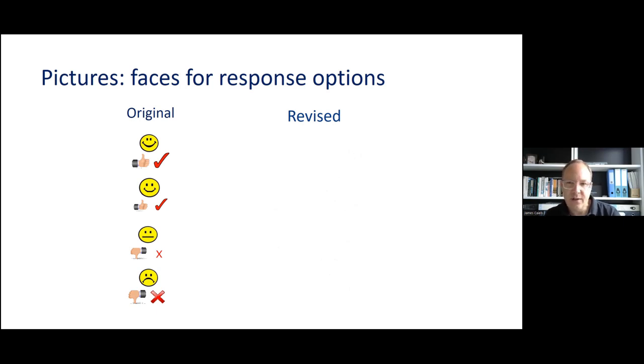It's very busy. People got confused by the ticks and the crosses. Should I tick here? Should I not? And should I cross here? Again, I'll just highlight this response option, which is a kind of neutral phrase, but it's actually level 3 in terms of people's response. So that was also problematic as well.